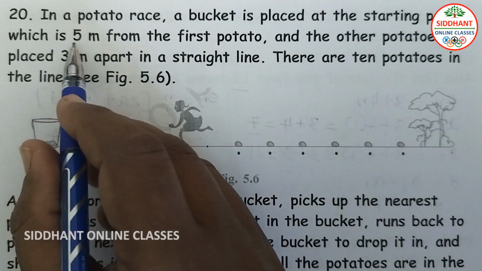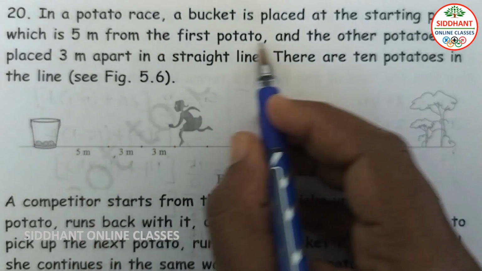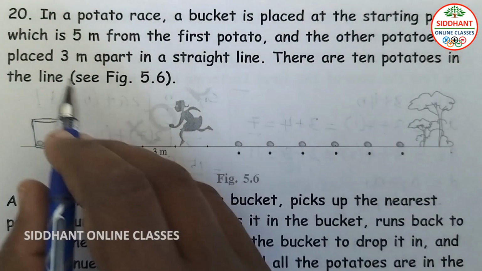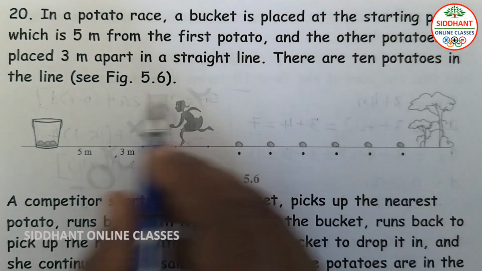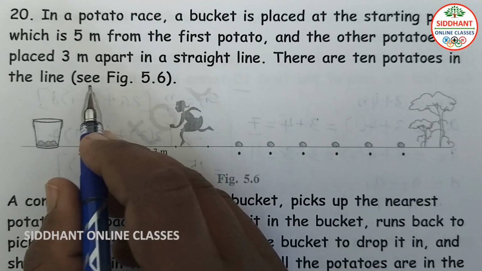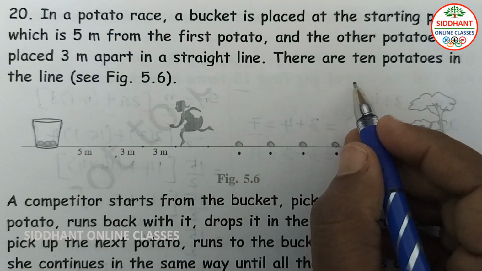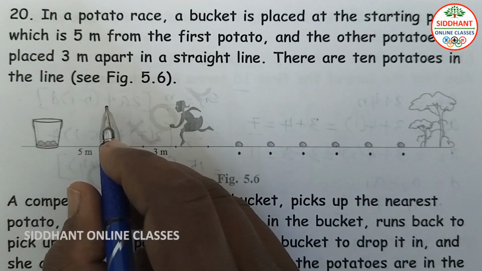Question number 20. In a potato race, a bucket is placed at a starting point which is 5 meters from the first potato, and other potatoes are placed 3 meters apart in a straight line. There are 10 potatoes in a line.